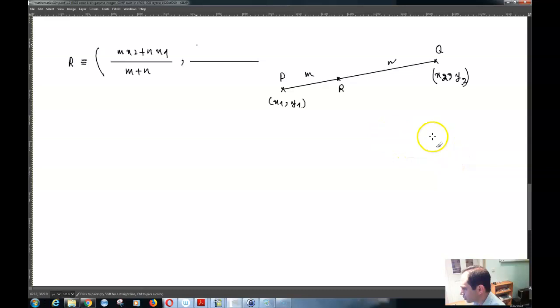So these two triangles are on the same base and they have the same height because these two lines are parallel.